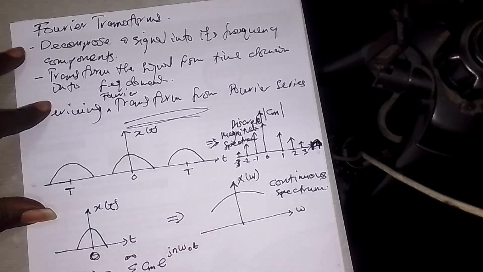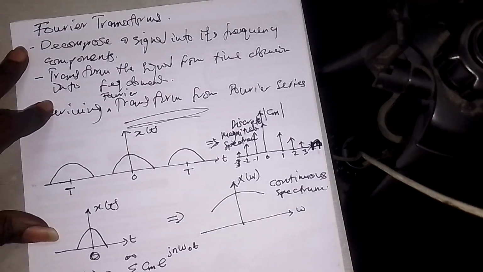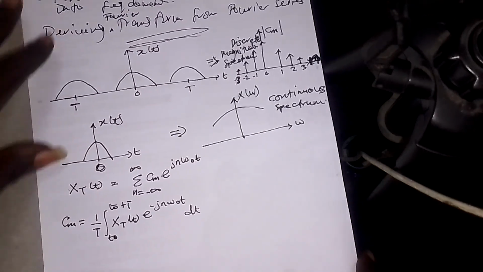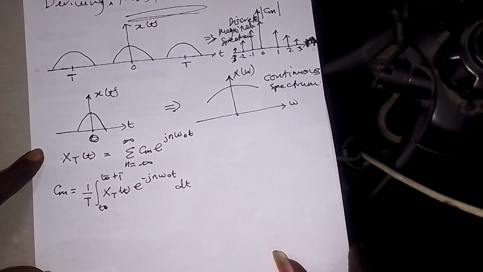And we were having that c_n is equal to 1 over T, integral from t naught to t naught plus T, of x_T of t times e to the minus j n omega naught t dt. This is what we were having.